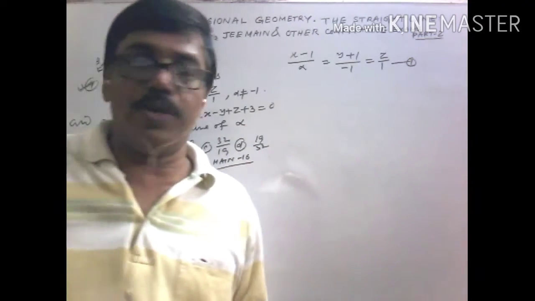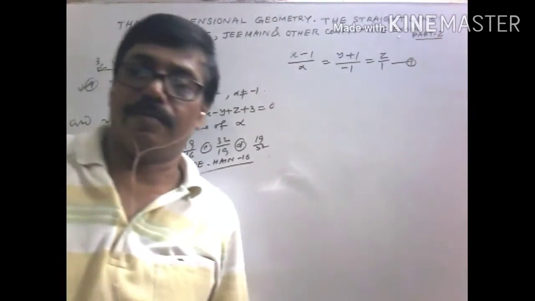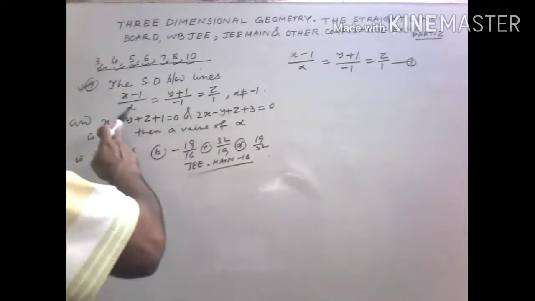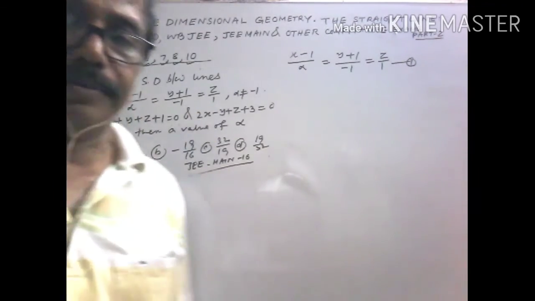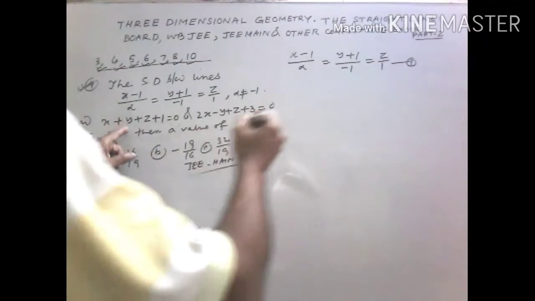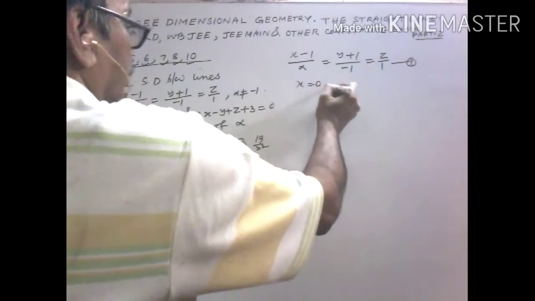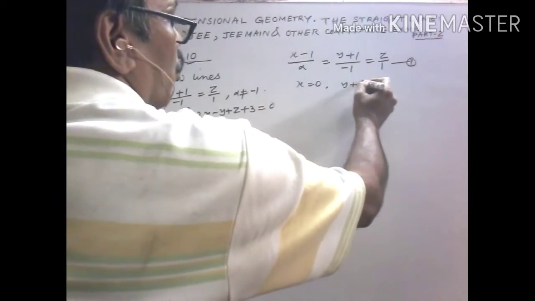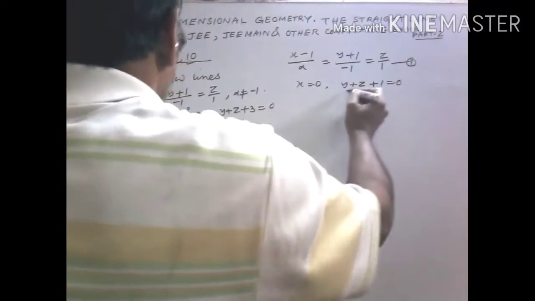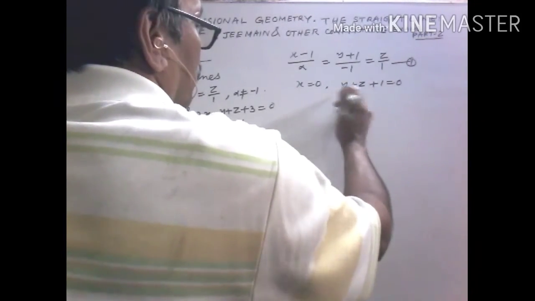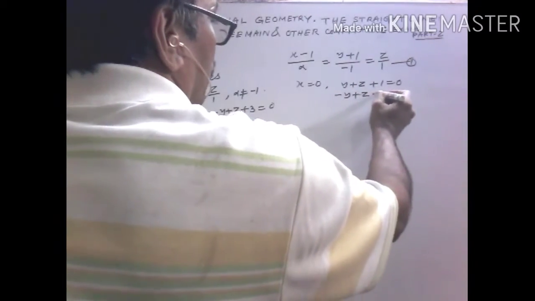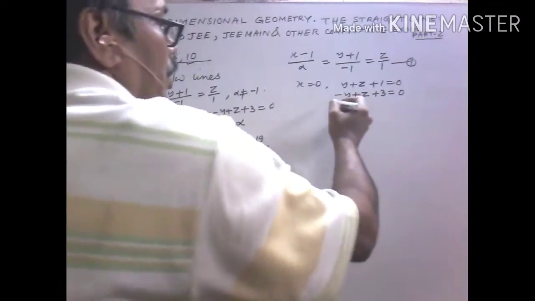We know two intersecting planes, suppose two walls, meet in a line. So from these two planes, we have to find the equation of the line. Take x equals 0. Then this reduces to y plus z plus 1 equals 0 and minus y plus z plus 3 equals 0.